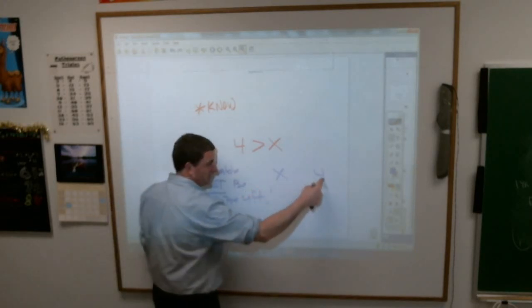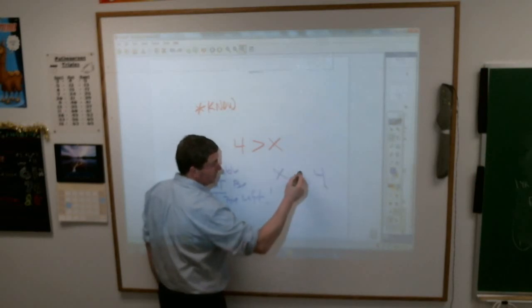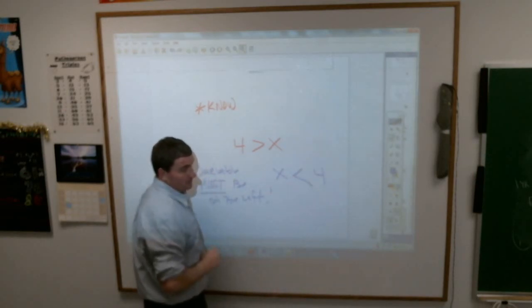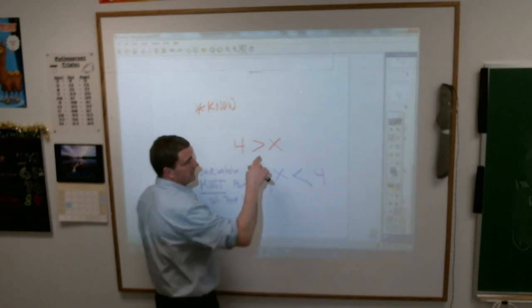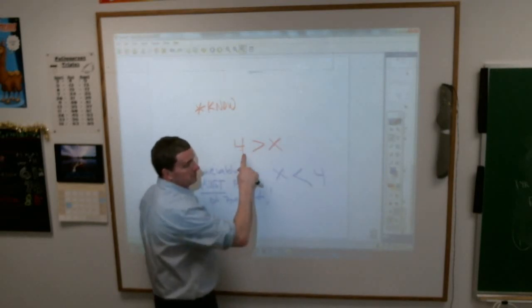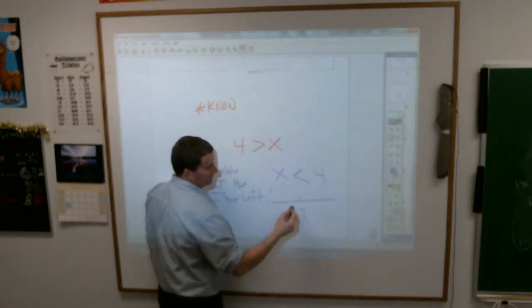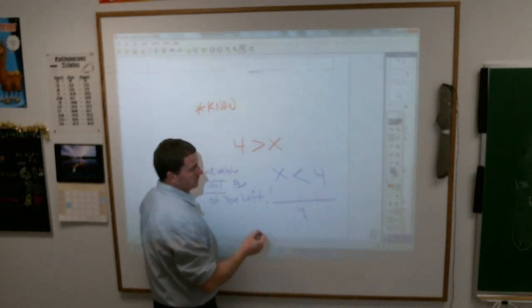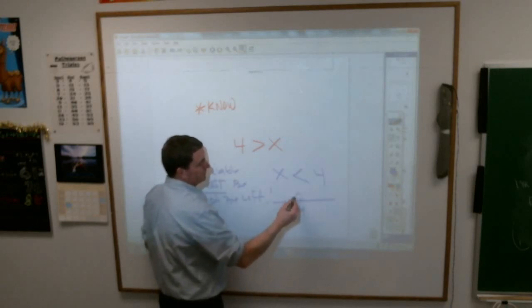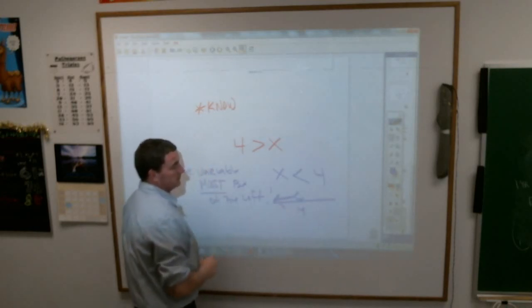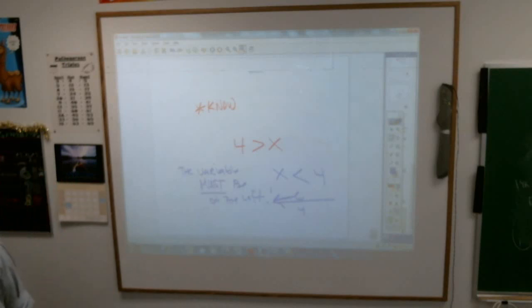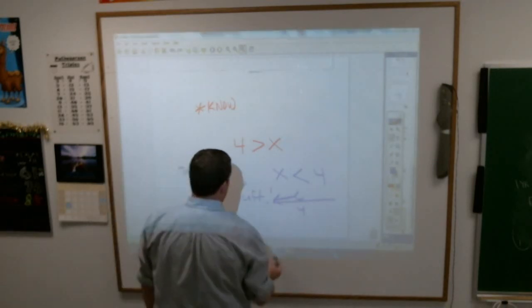The x is still going to be smaller, the 4 is still going to be bigger. So you have to switch the sign if you're going to switch those things. It goes this way: 4 is greater than x, which means x must be less than 4. Give me -1. Perfect. All right, for tomorrow.